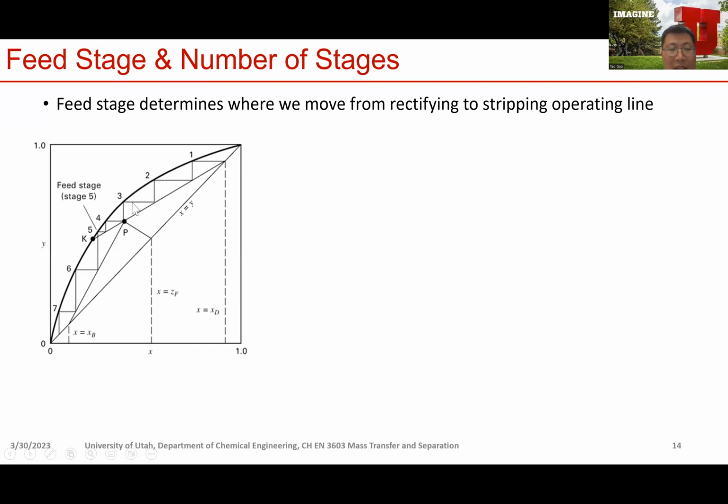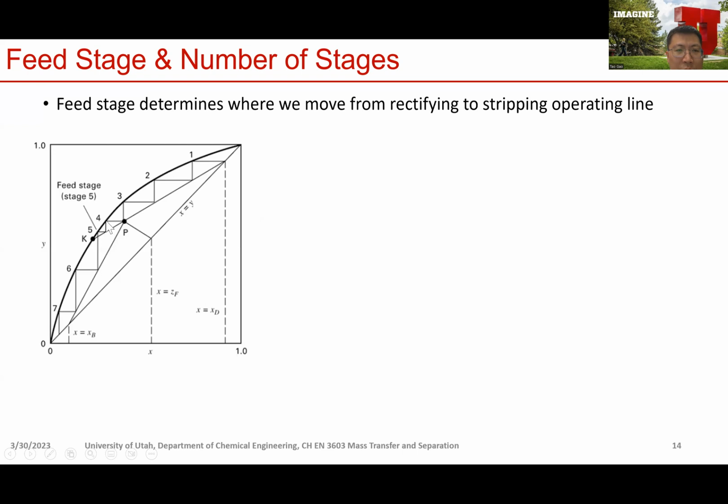Now, as you can see, in order to minimize the number of stages, we want to make sure in each of these discrete operations, we want to maximize the change in the liquid phase composition. And clearly, when you move away from stage 3, we don't actually benefit too much.